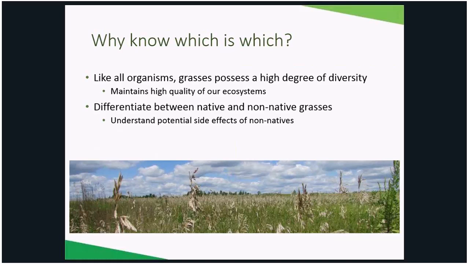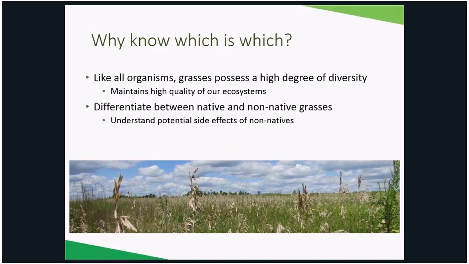Another benefit to knowing which grass is which is that we can tell which grasses are native and which are non-native. And this can help us if we're trying to manage for an invasive or a non-native grass. So here in this picture below, you can see a whole field full of smooth brome, which is a non-native grass.